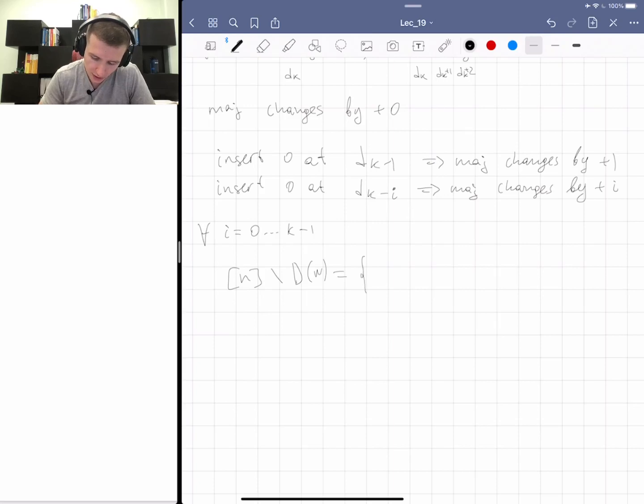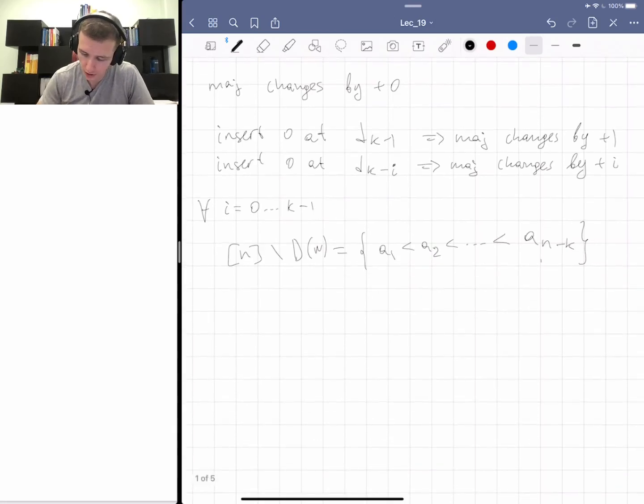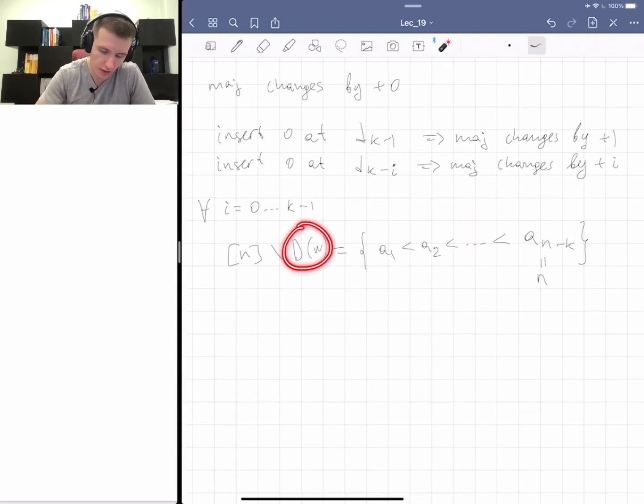So let's say this is a_1 less than a_2, etc., less than a_{n-k}. In particular, a_{n-k} is equal to n, because the set of descents is a subset of [n minus 1].